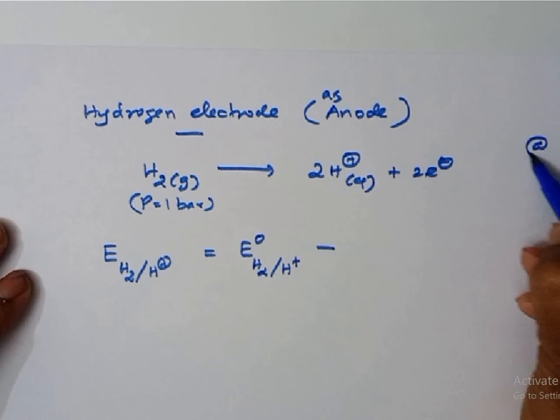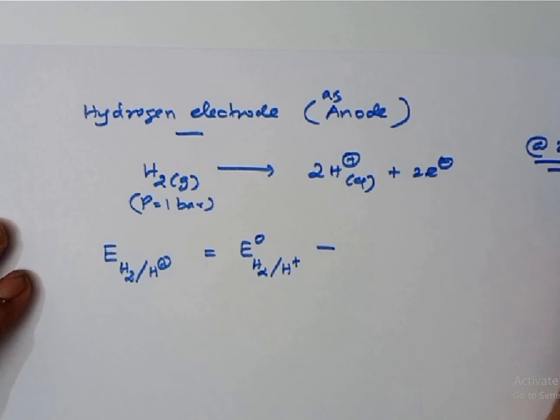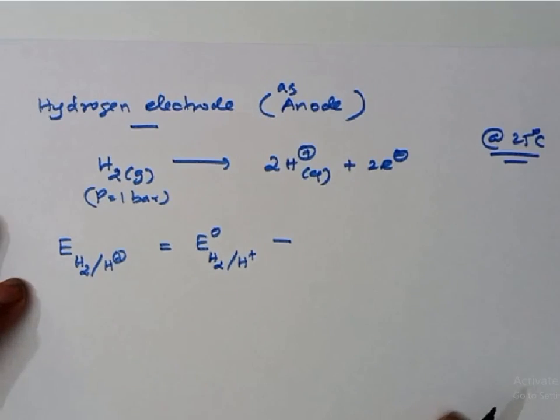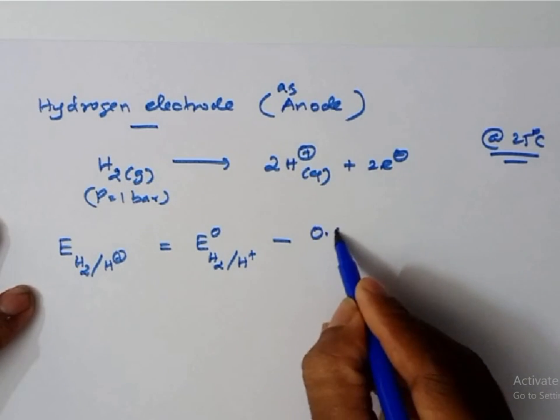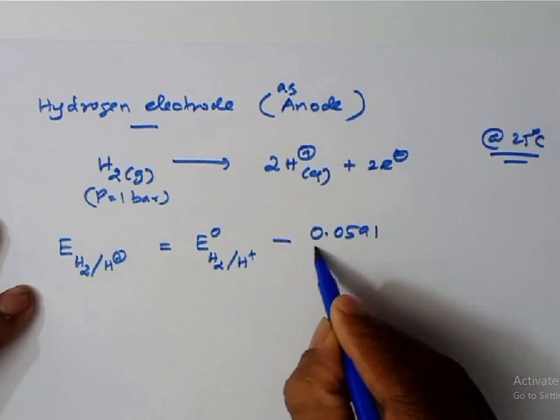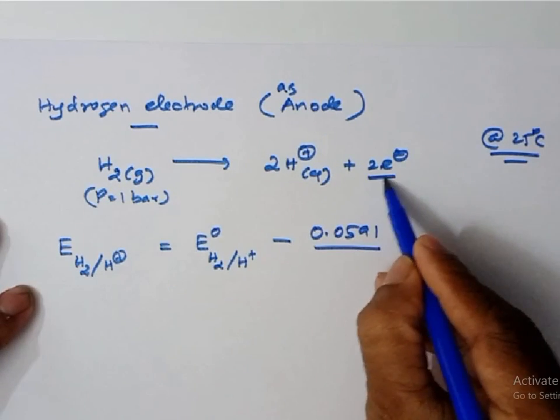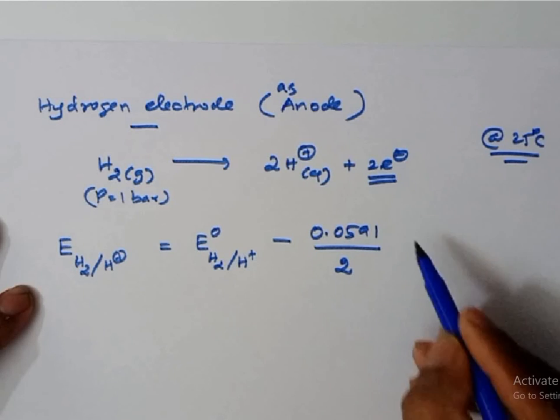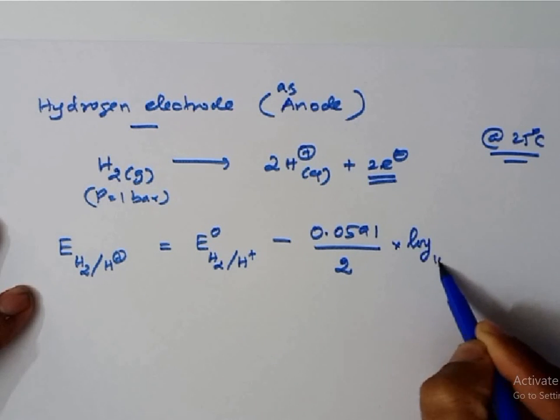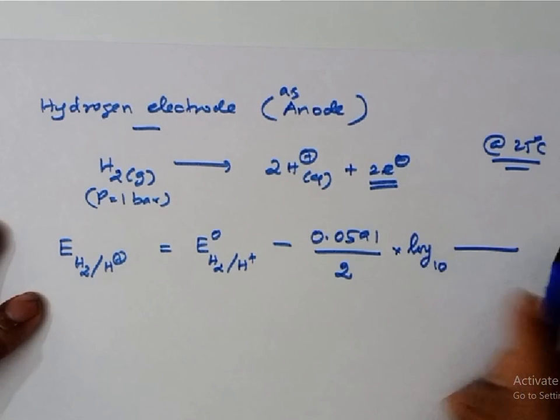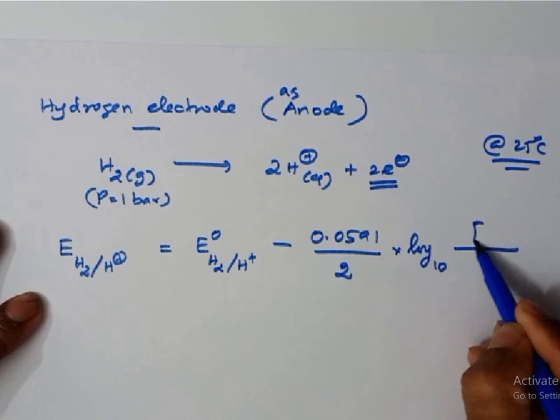Suppose I maintain the temperature as 25 degrees Celsius, then the constant is 0.0591 over how many electrons transferred? 2 electrons, so I'll put 2 here, into log base 10. On the product side we have H plus ion, so I'll put H plus.